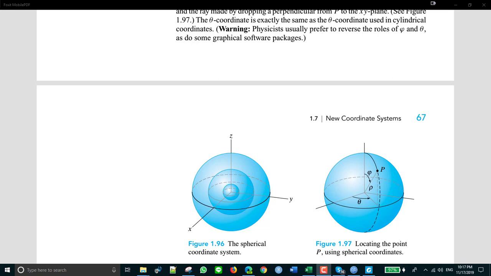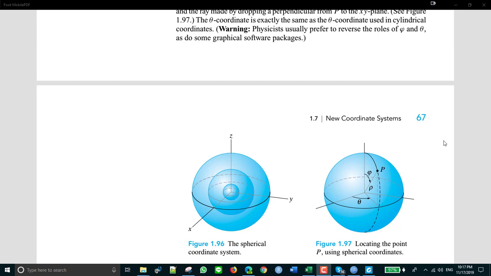No, because you could be anywhere down this meridian. So that doesn't nail it down. Then we have to ask what the angle from here to here is. That finally nails it down.